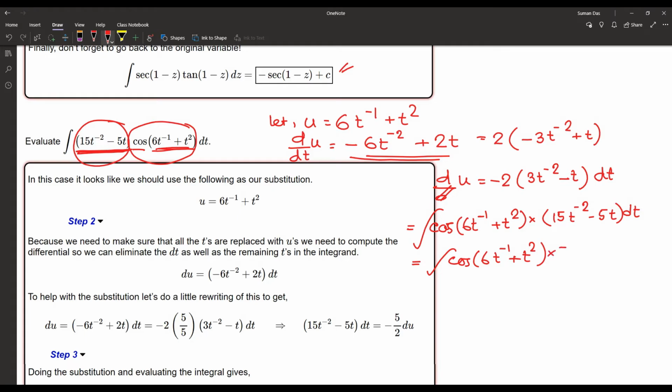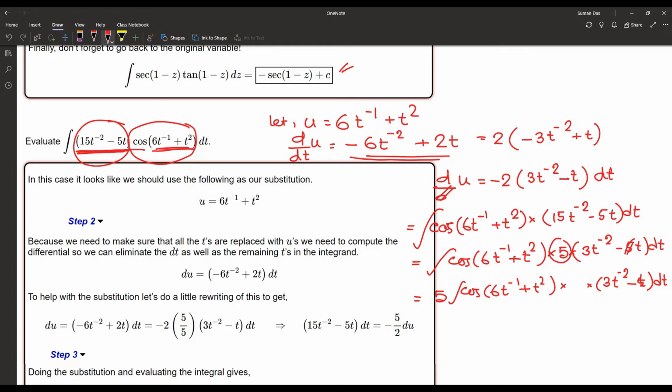So we are taking 5 common, so that is becoming 3t^-2 - t, and we write that 5 outside: 5 cos(6t^-1 + t^2) into (3t^-2 - t).